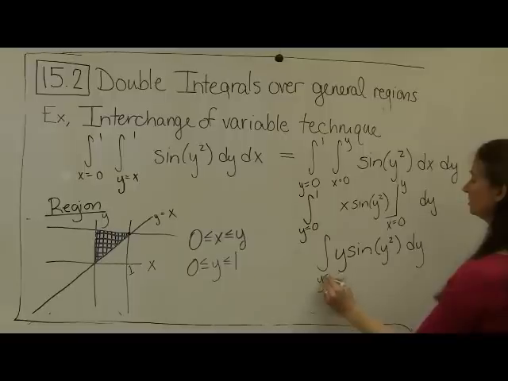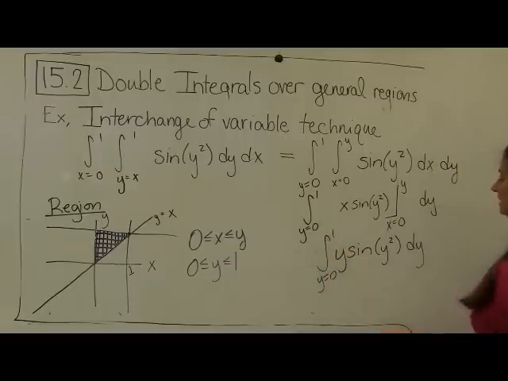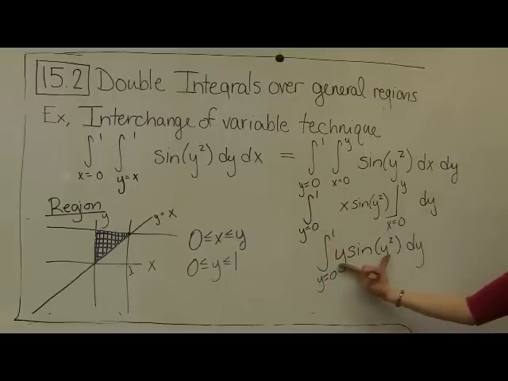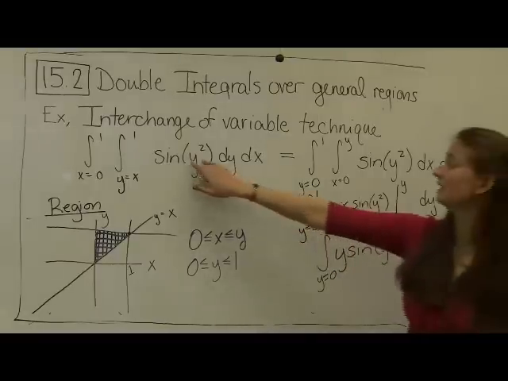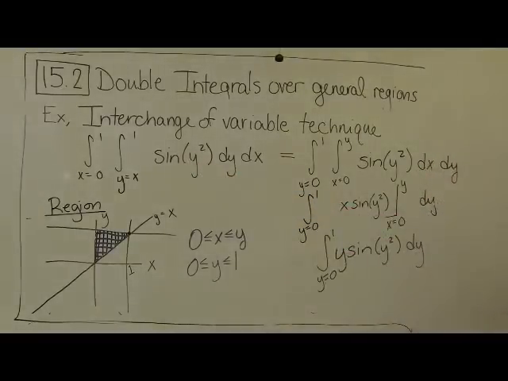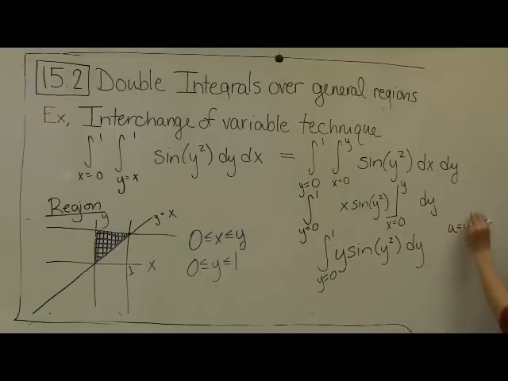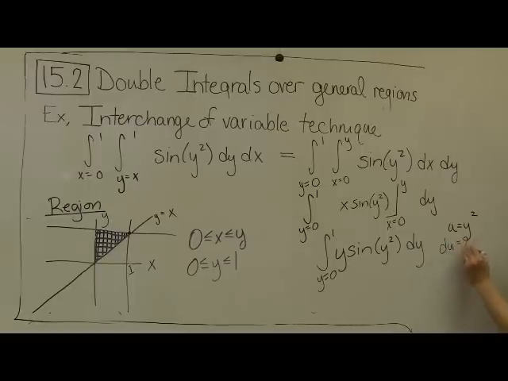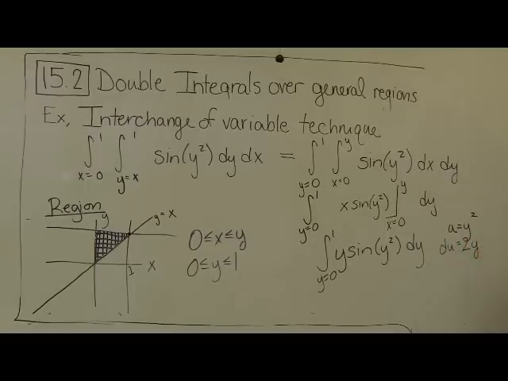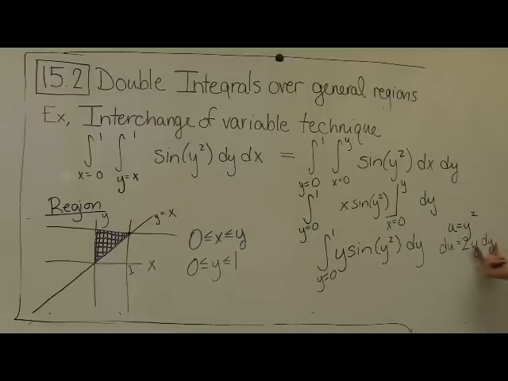And now we're down to a single variable integral. And this is something that's old school. So now I just need to integrate this. Unlike before, when we didn't have a term that could be a u sub, now we do. So I'm going to do a u substitution where I'm going to let u be equal to y squared. And that means that du is equal to 2y dy. The fortunate thing is that I have a y dy.